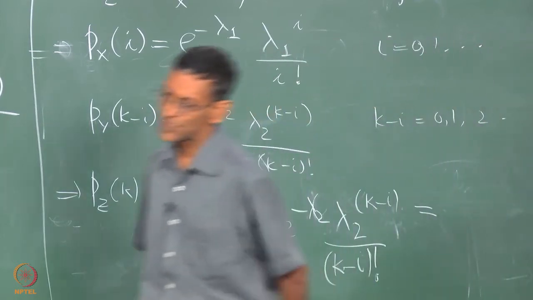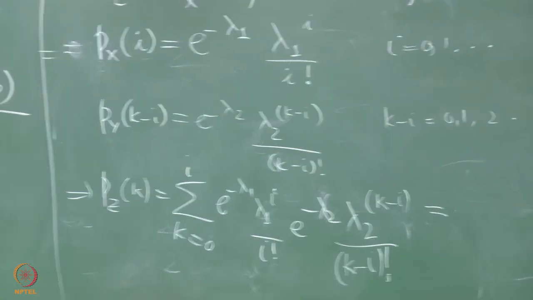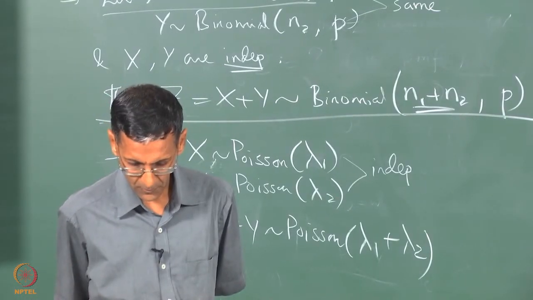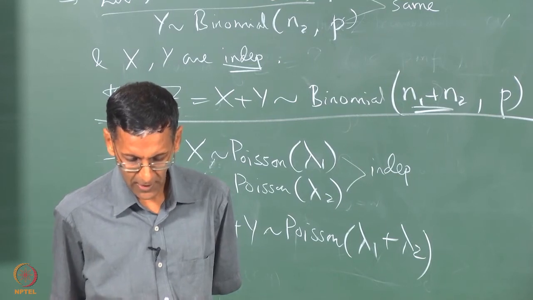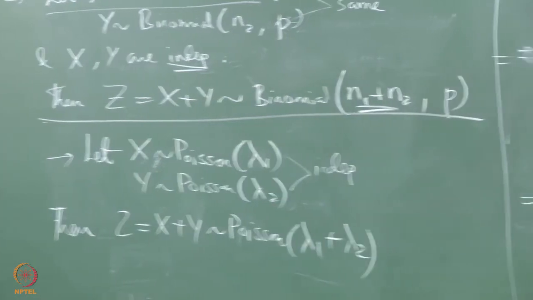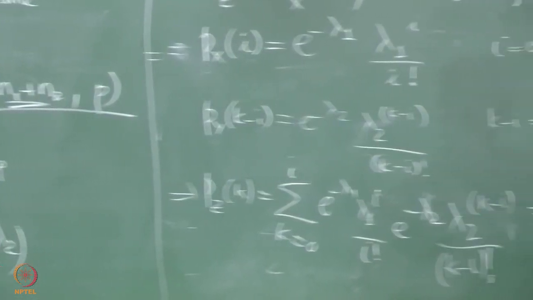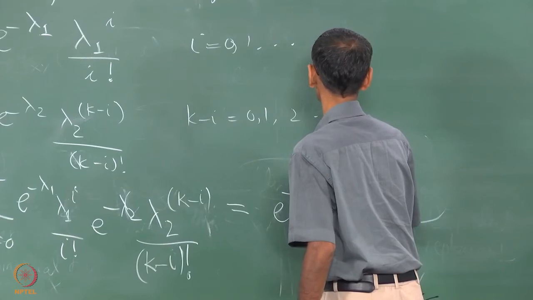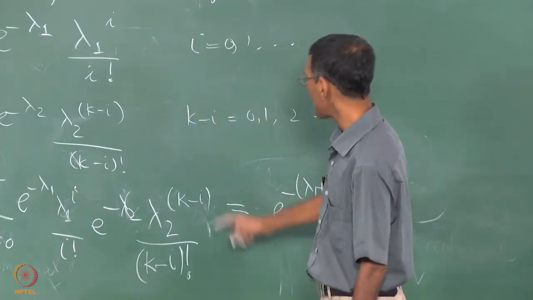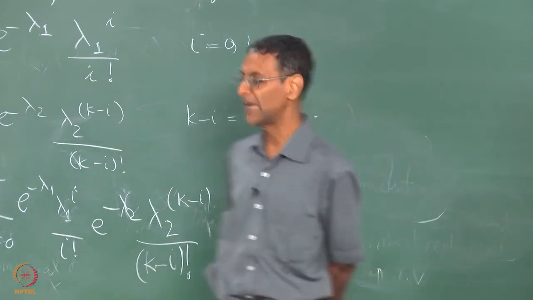So now let me make sure that I can manipulate. I don't want to spend too much time manipulating this because it's actually extremely straightforward. All I have to do is pull out e power minus lambda 1 plus lambda 2, and I multiply and divide by k factorial.